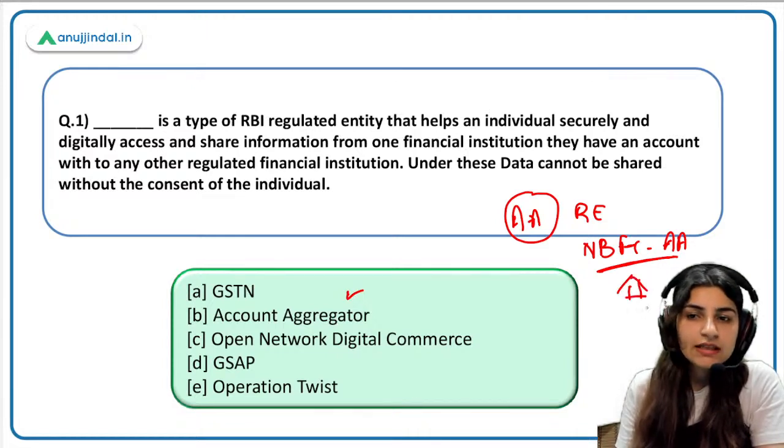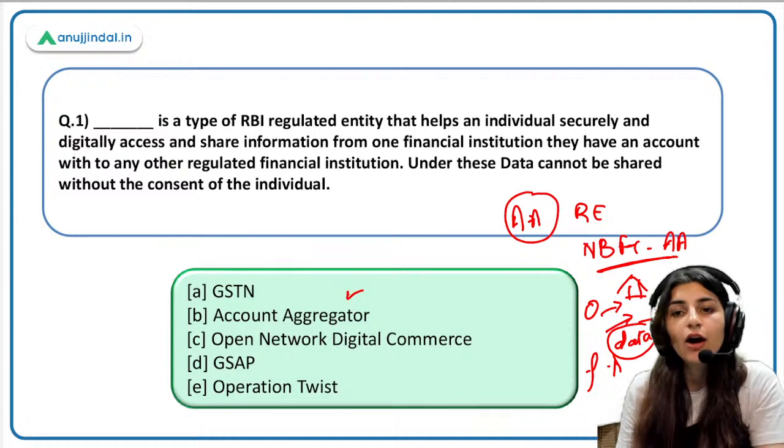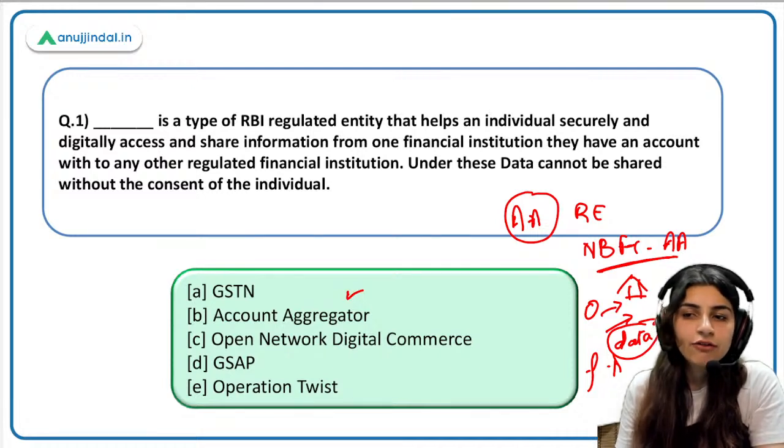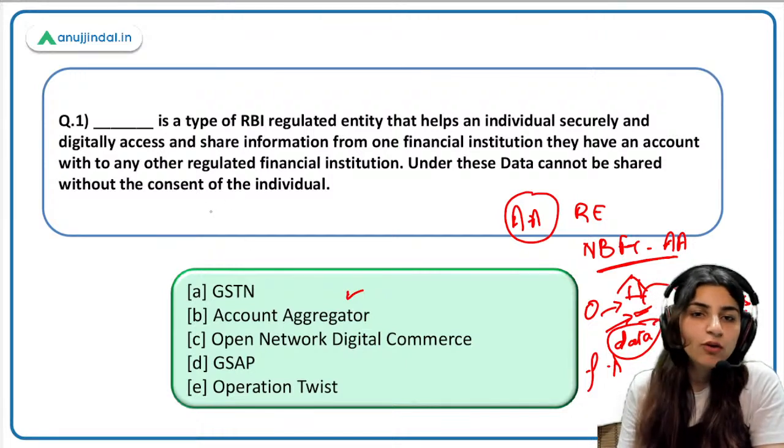What they do is these entities help you transfer all the information or data that you have with one financial institution to any other financial institution. But this cannot be done without the consent of an individual.